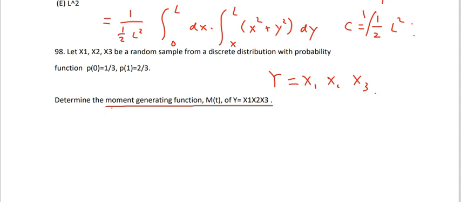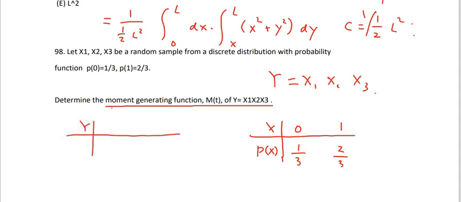X can only be 0 or 1. The probability of 0 is 1/3, and the probability of 1 is 2/3. So Y is also 1 or 0.